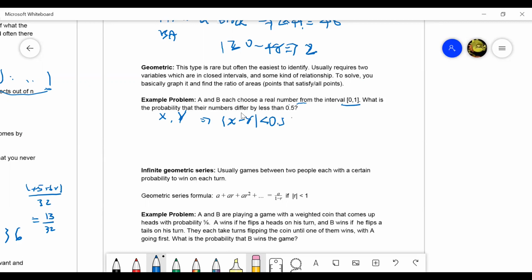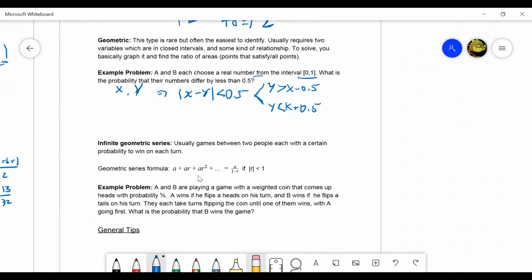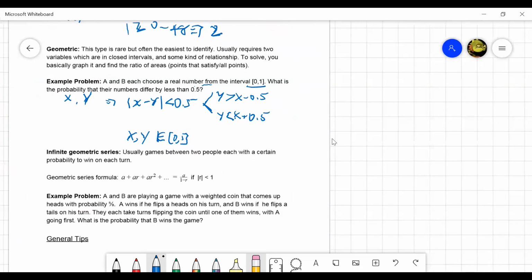And this is just two lines, with y greater than x minus 0.5 and y less than x plus 0.5, since these are just the two separate cases in absolute value. And then we also have x and y within the interval of 0, 1. So this is very graphable.